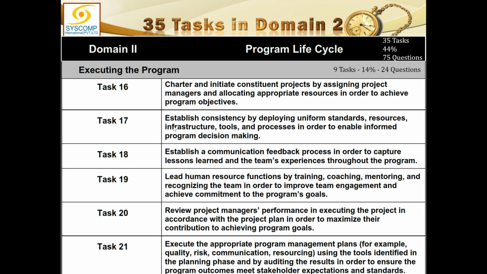In task 17, you establish consistency by deploying uniform standards, resources, infrastructure, tools, and processes in order to enable informed program decision making. Now, how do you do that? When we were doing project management, we had some project management system in place from the organizational side.